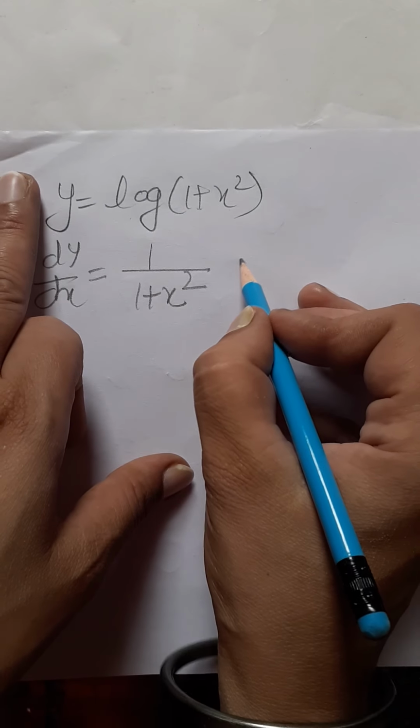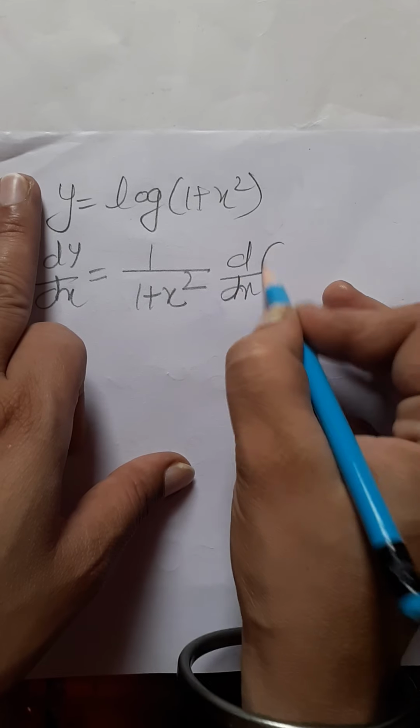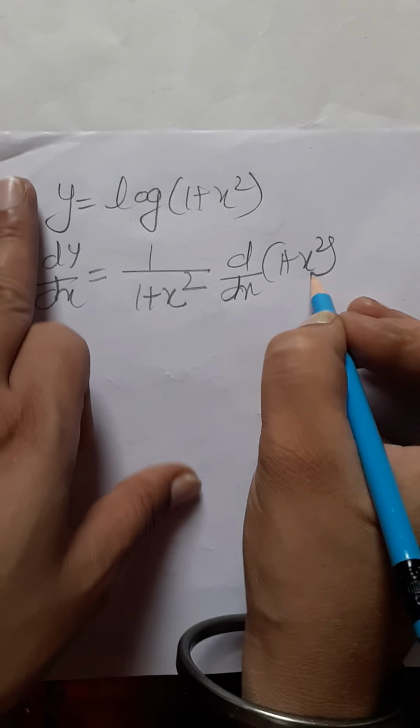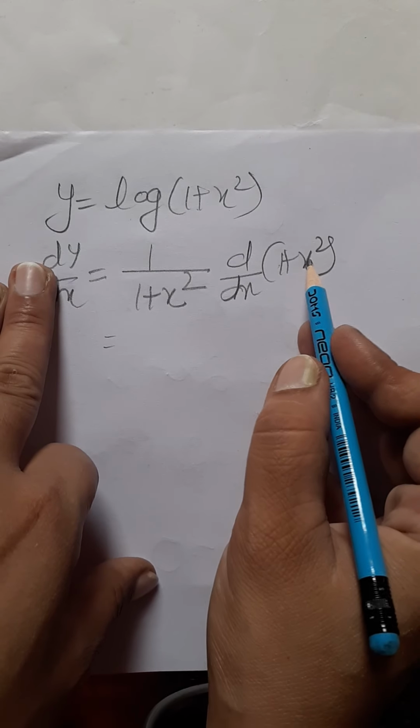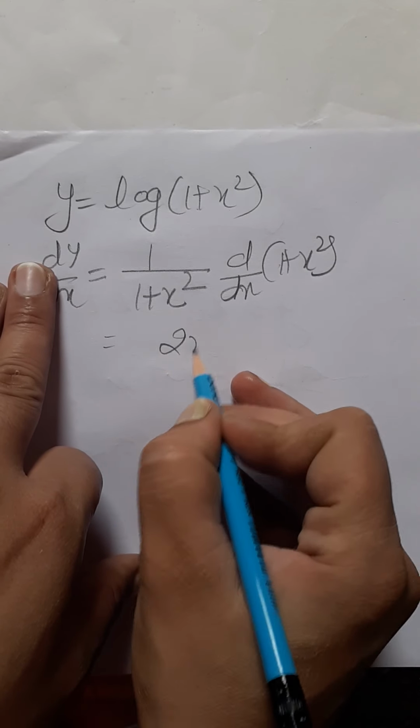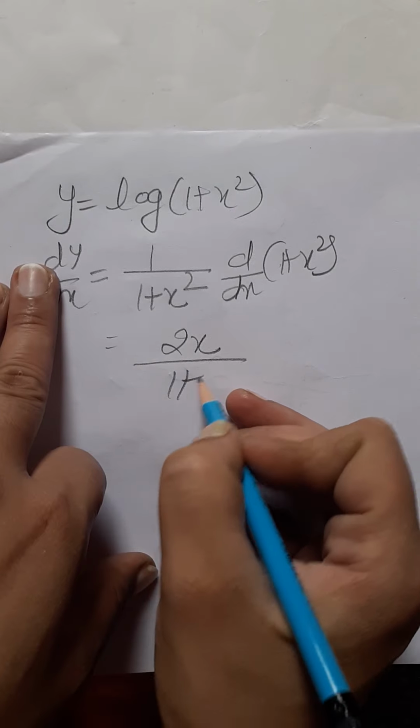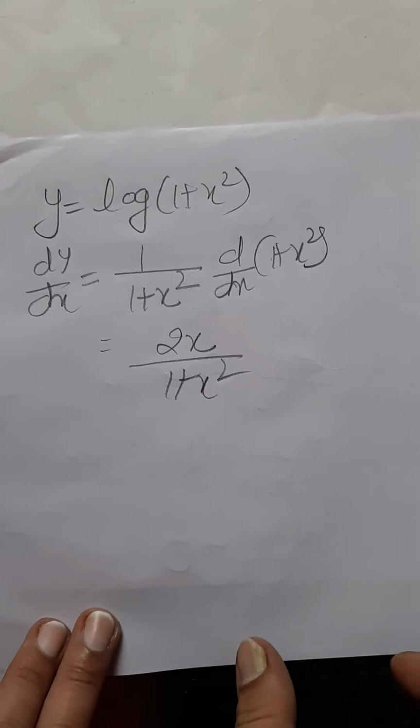Then we take the derivative of 1 plus x square; the derivative of 1 is 0 and the derivative of x square is 2x, and we write 1 plus x square in the denominator.